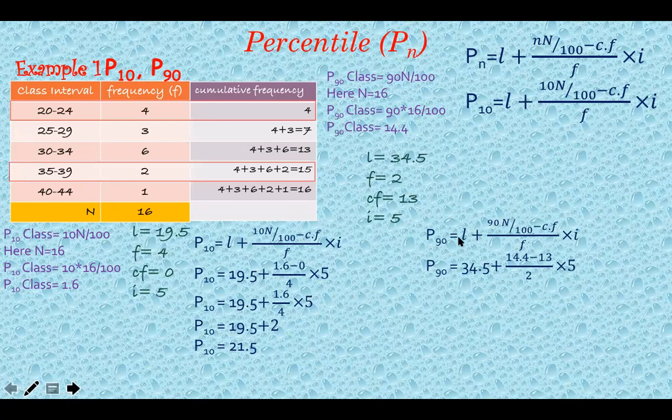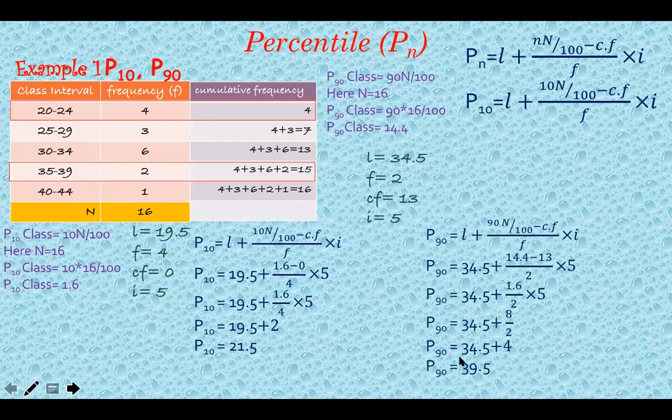Here L is 34.5 and 90 times n divided by 100 is 14.4. Cumulative frequency is 13, exact frequency is 2, and the class interval size is 5. Now when we calculate this, the 90th percentile comes out to be 39.5.